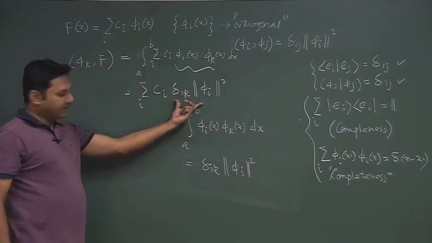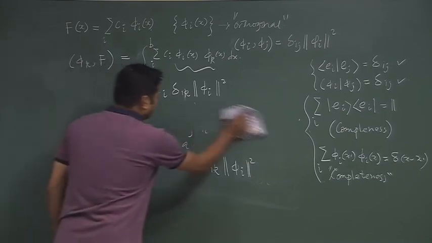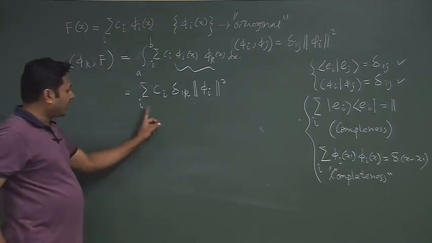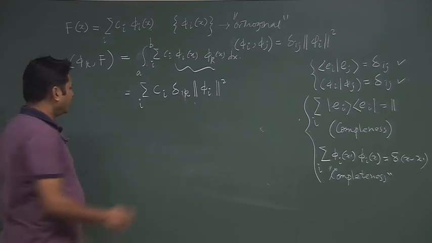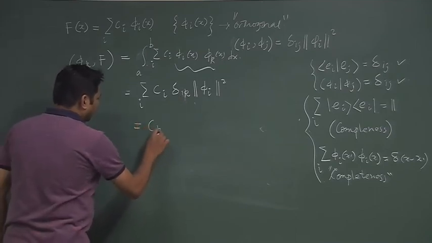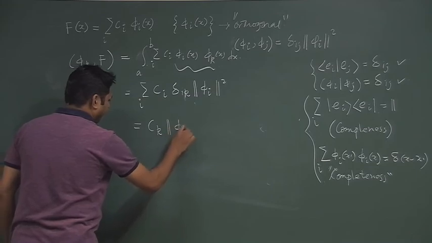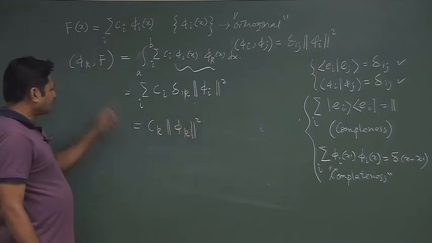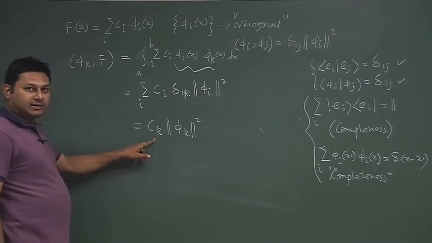So I just put this here, and now if I take the summation over i, then when i is equal to k, I will have something, ck phi k star.